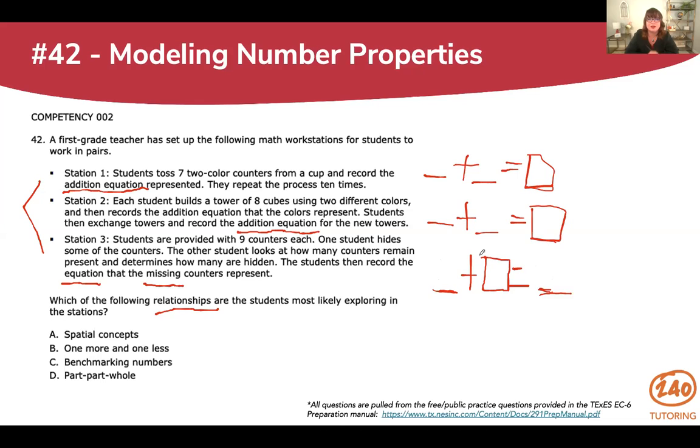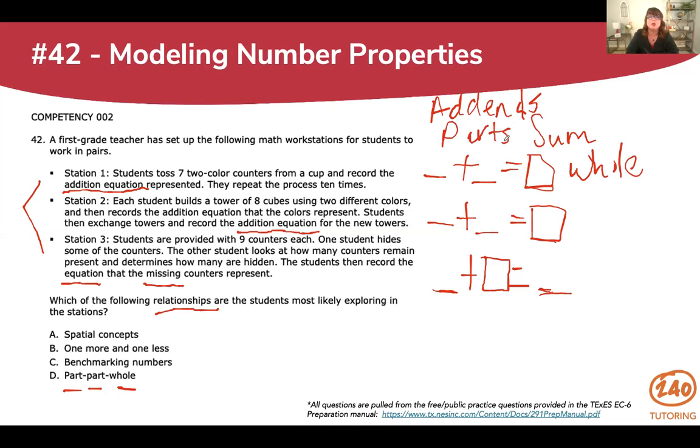So let's look at this. Guys, an addition equation is a part-whole relationship. So I've got the whole as the sum. There's your whole. All right. And your add-ins are the parts. Add-ins are your parts. So part, whole.